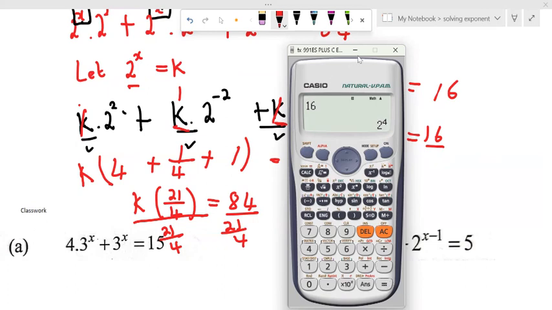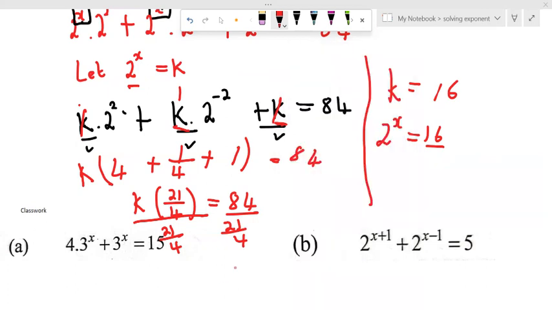And then it says 16 can be written as 2 to the power of 4. So 2 to the power of X is going to be equal to 2 to the power of what? Of 4. Now, we don't divide. So we say bases equal. If our bases are equal, it means this exponent is going to be equal to this exponent. And then X is going to be equal to 4.